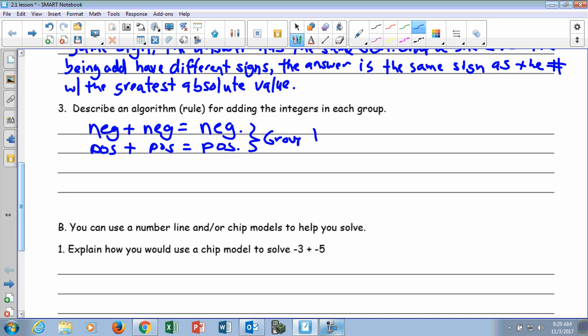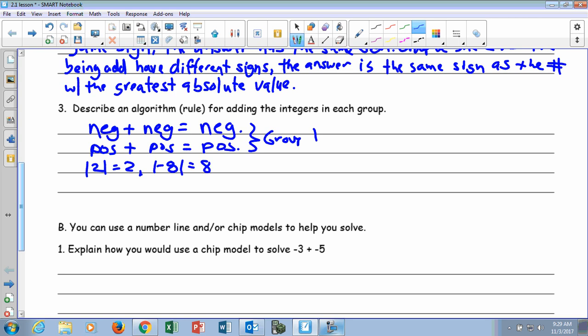So, for example, if I took 2 plus negative 8, the absolute value of 2 is 2. The absolute value of negative 8 is 8.